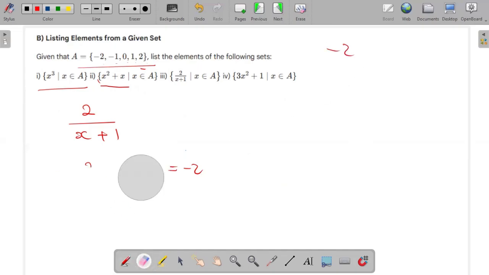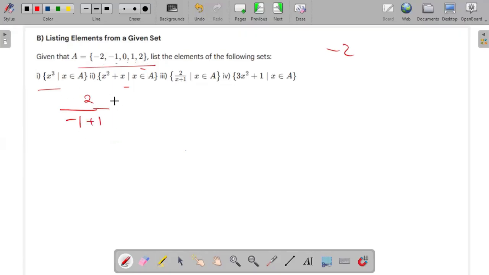For the next one, x = -1: here -1 plus 1 gives 0 in the denominator, and 2 over 0 is undefined. So at -1 we have no value. This is undefined, so we cancel it and leave it out.